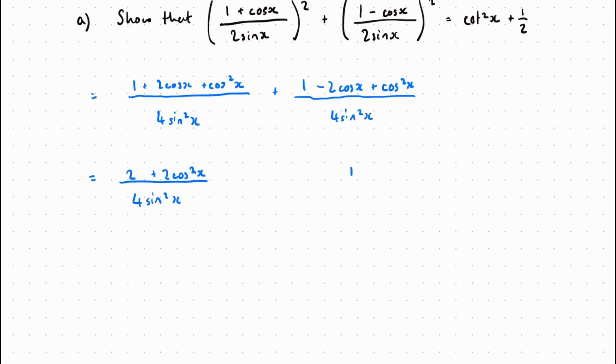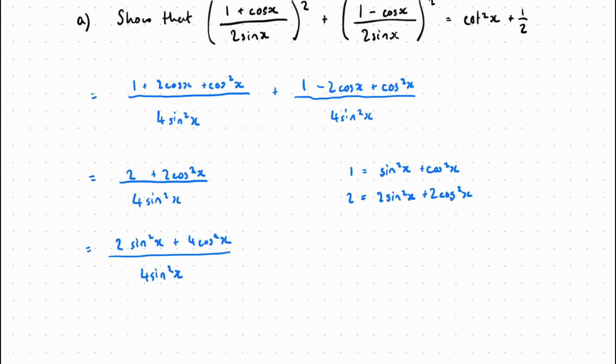And that is by saying, well, if 1 is equal to sin squared x plus cos squared x, then 2 must be equal to 2 sin squared x plus 2 cos squared x. So I'm going to replace the 2 here, which is going to give me 2 sin squared x plus 4 cos squared x, because I'm adding an extra 2 cos squared x on, all over 4 sin squared x.